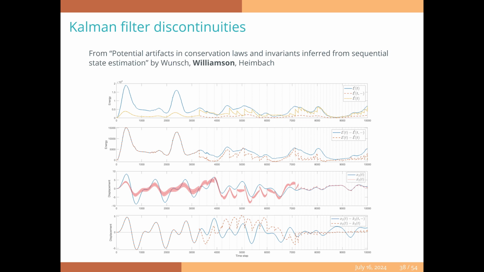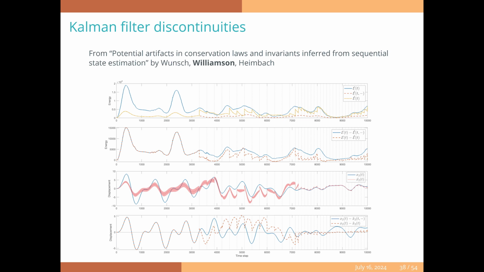And then this yellow line, which is kind of overlapping with the red line, is the Kalman filter prediction. Up until you have a data point, the Kalman filter is just going to integrate the model using whatever assumptions you've made up until that point. And then you hit the first data point, and it actually creates a whole big jump. And you get this thing that looks really choppy and is not really physical because the energy shouldn't be a discontinuous solution. And the same thing happens in displacement.